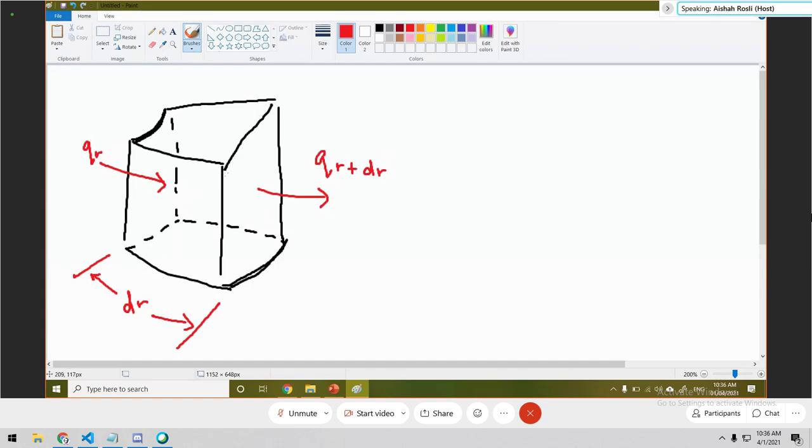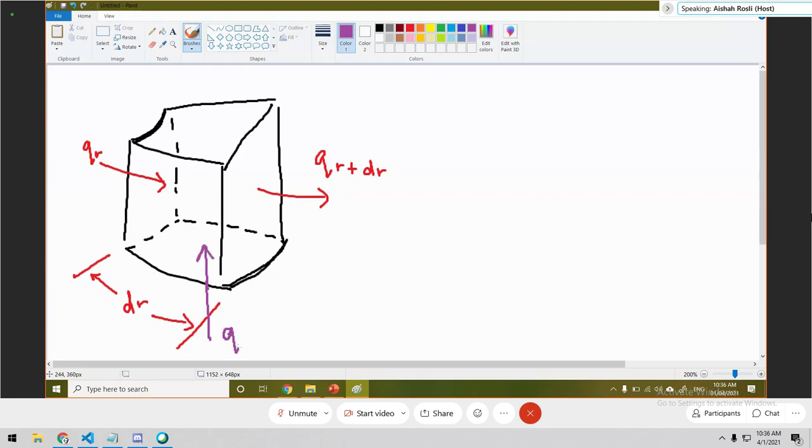Then we consider another direction, because this is 3D. We'll talk about the straight lines first, so it's easier for you.